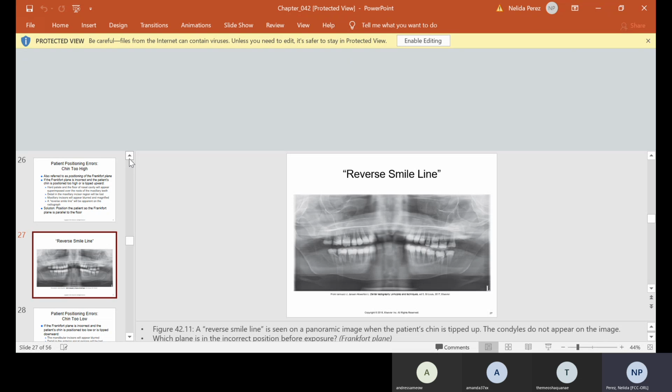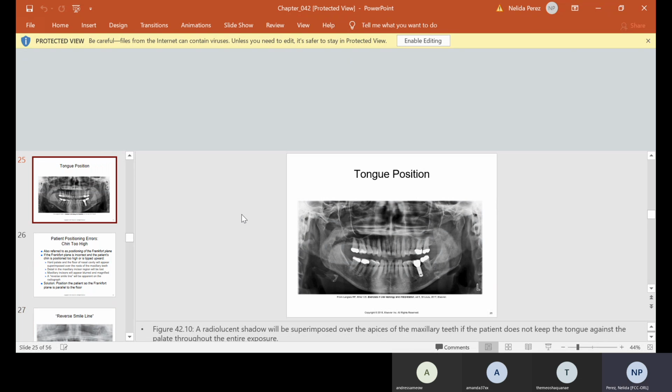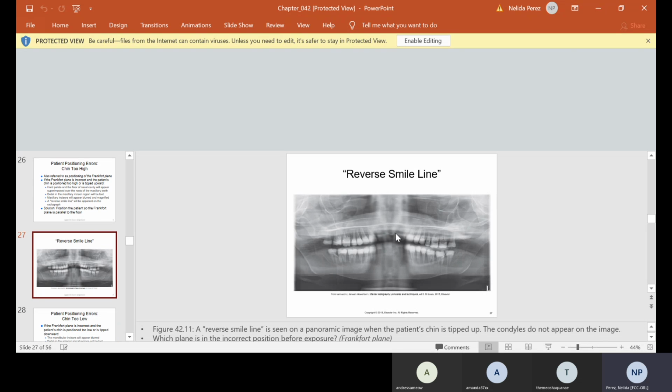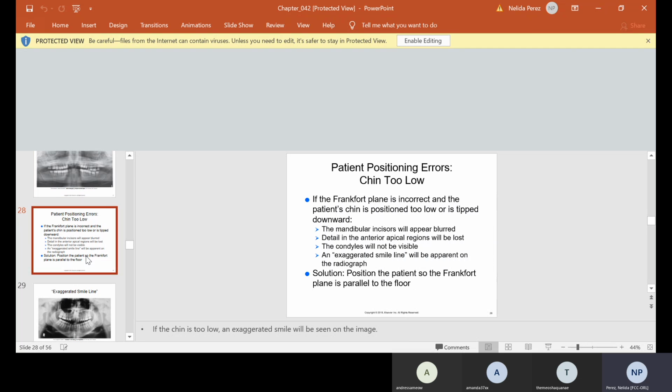Okay, so big difference from this one. You see how this one is smiling compared to this one where it's frowning. It's horrible. Everything on this x-ray is horrible. So please, if you see that happening, you need to reposition the patient and take the x-ray again.